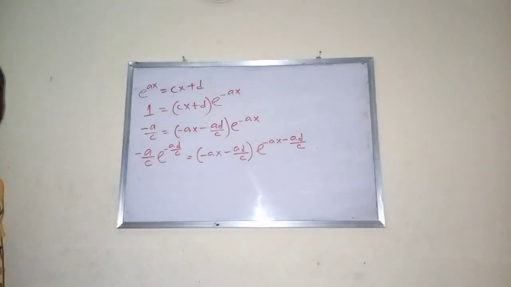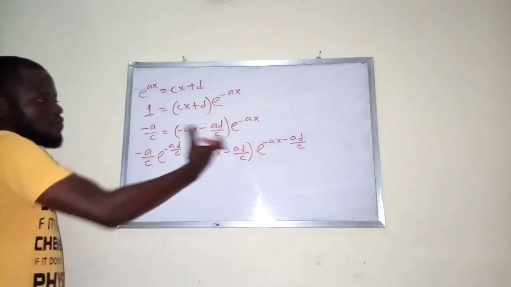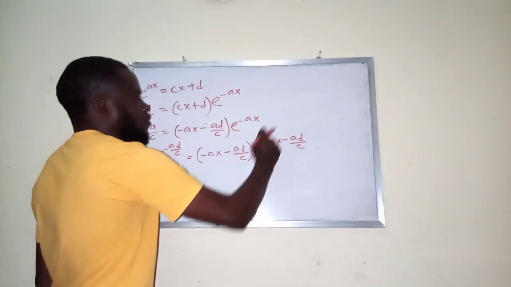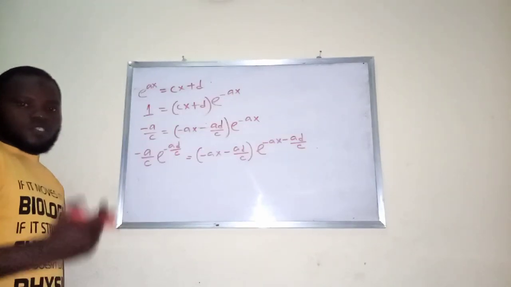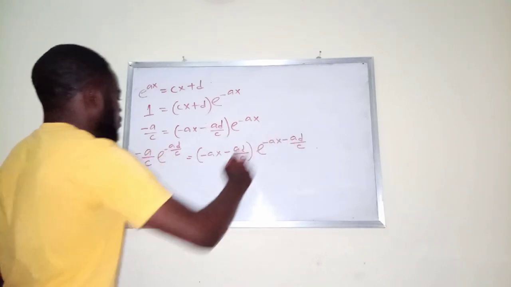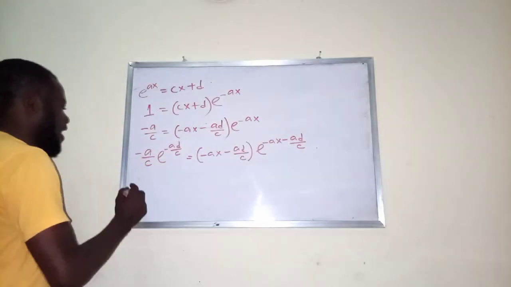Okay guys, if you can see this now, you will see that what we have here is exactly what we have here also. So if this is the case, then we can apply what?